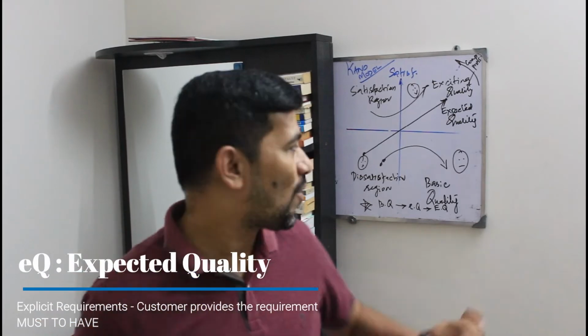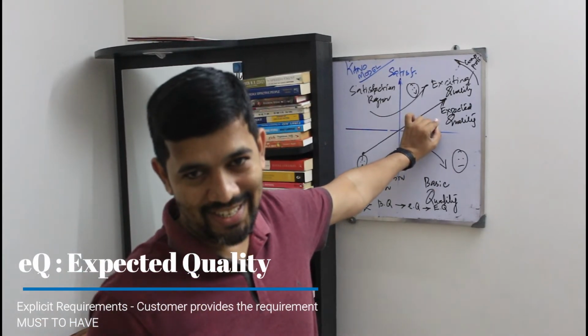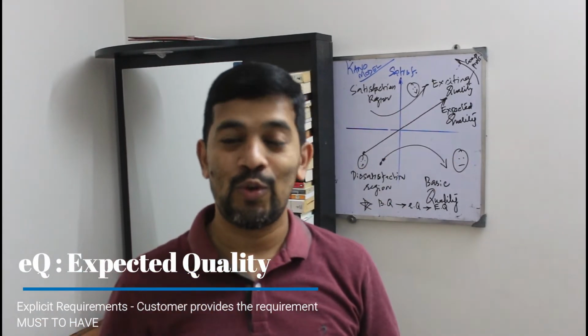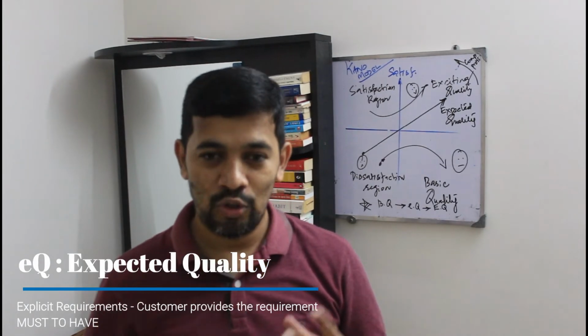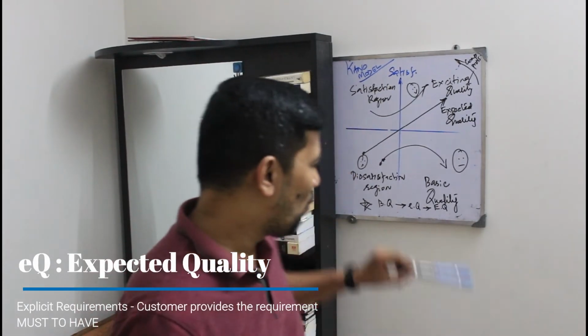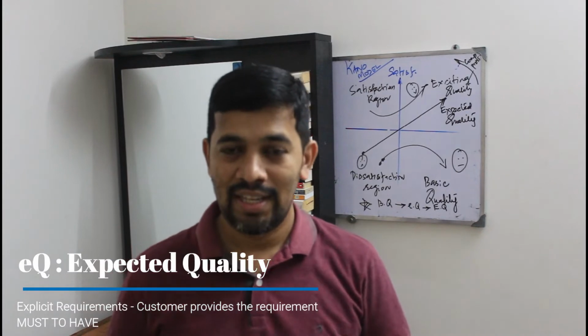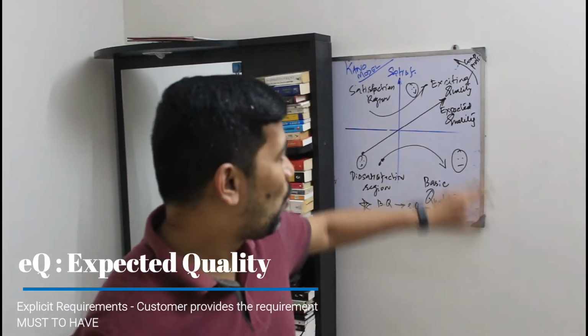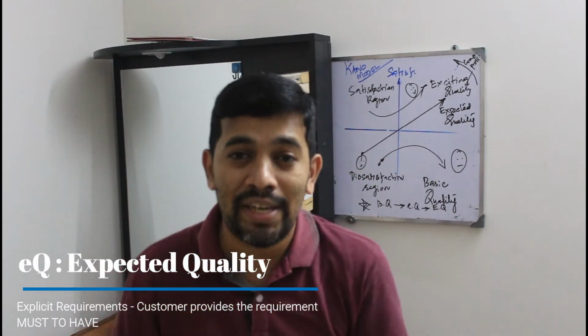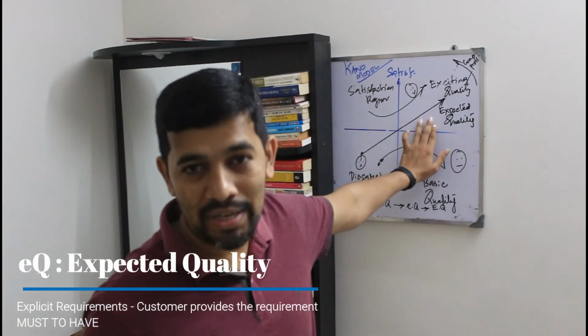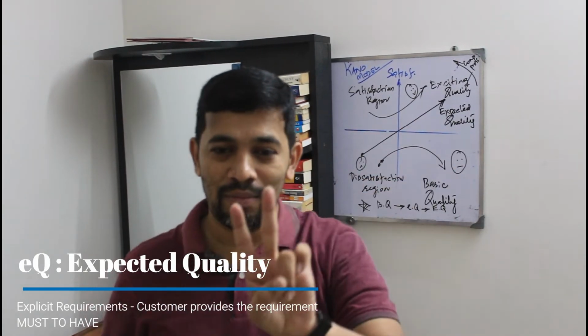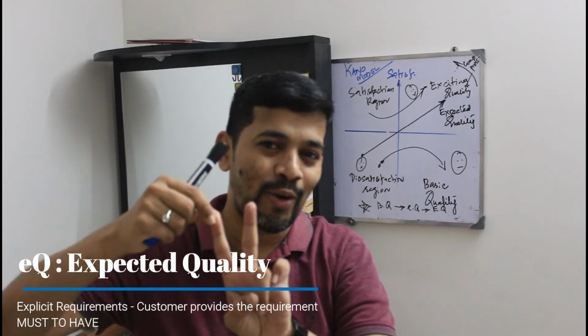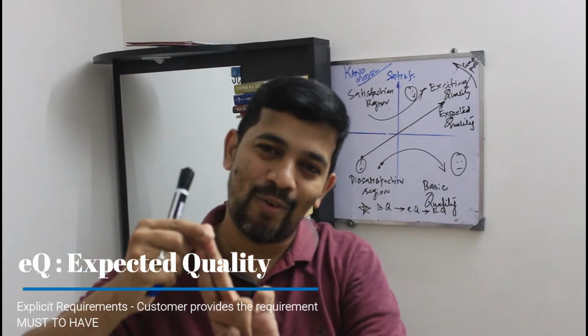All of these things are called expected quality. Expected quality, we need to meet, right? So that means we're going to take care of two things. One is the basic quality, that is the implied requirement. The other is the explicit requirement, that is expected quality.